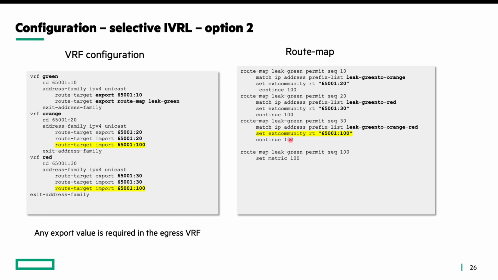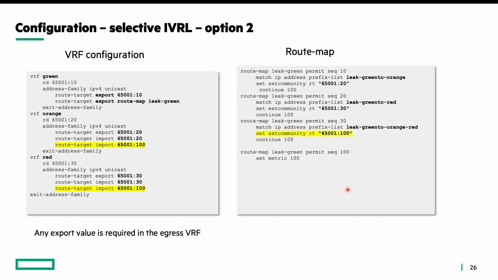And here in terms of route map, the sequence 30 is much simpler because we have only one community. If you add another VRF, we'll add another sequence to set the community of this unique VRF. So let's say it's VRF blue with route target 40, so we'll add a new one. But for all the prefixes that need to be linked to all the VRFs, orange, red, and blue, we'll still stick with this value 100.